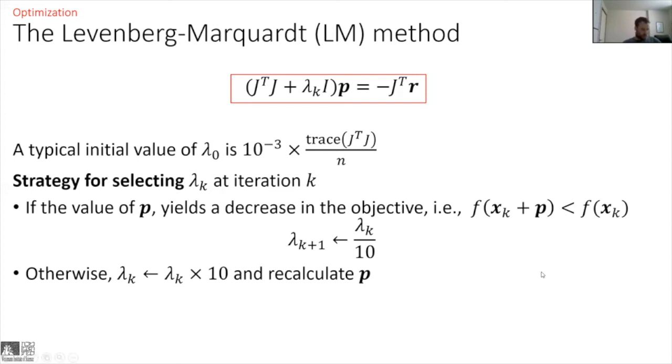If it's true, they enlarge the region. And the shrinking and the enlargement are somehow related to the choice of lambda. This is the idea. There is an equivalence between the choice of lambda and the region where you assume that the second order approximation is a good approximation to your objective.